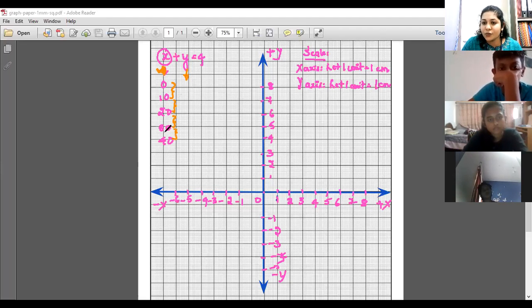See, here I have chosen the value of x. For instance, in this example, I have chosen 0, 10, 20, 30. So they all differ by 10, correct? If you choose like this, only then can you easily plot your graph, and the scale you choose will also be easy.